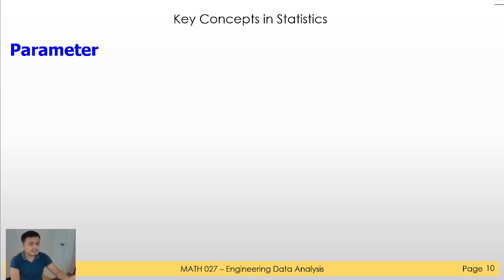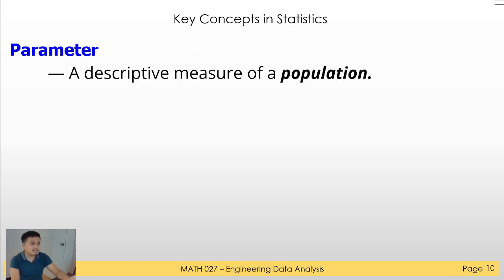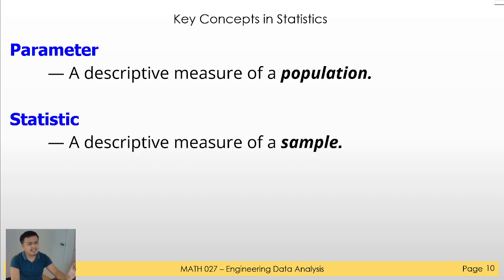Let's discuss a new concept that is related to population and samples. The first one is parameter. This is the descriptive measure of a population. So population is linked to parameter. Any measure of the population is called a parameter, and a statistic is a descriptive measure of the sample. So population is to parameter, sample is to statistic.